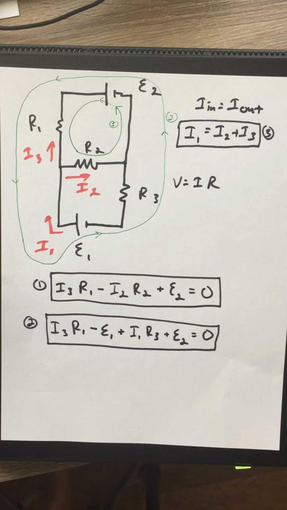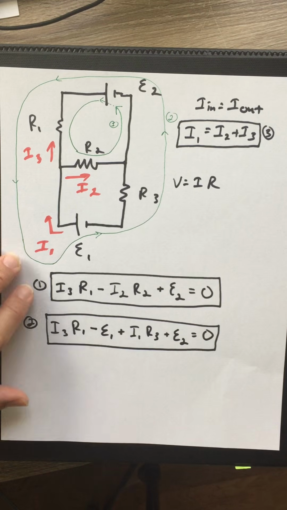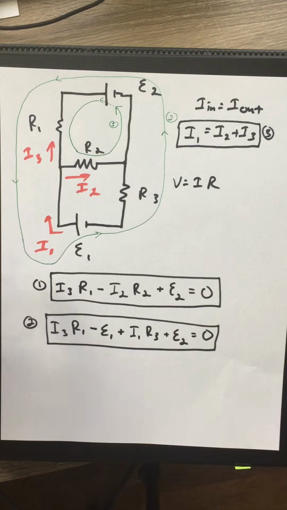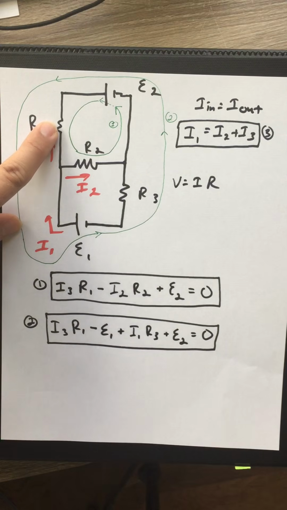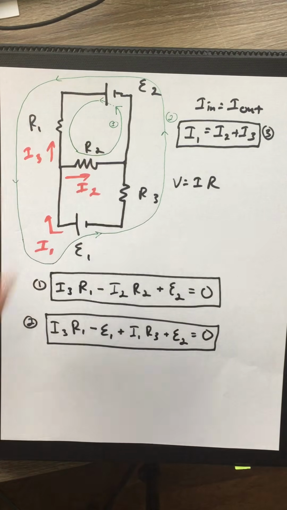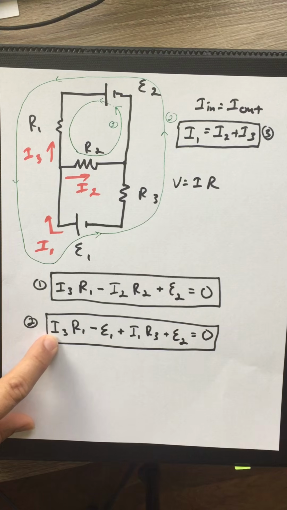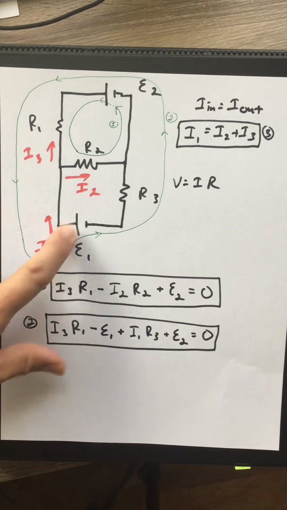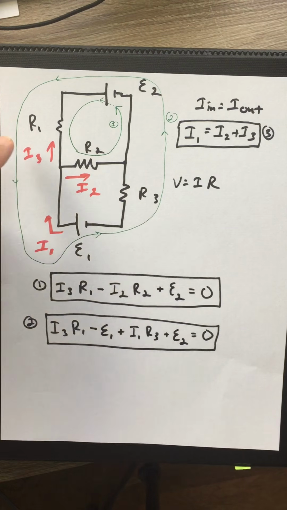How do I know if I've finished? How do I know if I've gotten all of the possible loops? The answer to that is that you have every component represented in one of your equations. In this equation, I've got R1, R2, and E2. In this equation, I've got E1 and R3, and R1 also and E2.